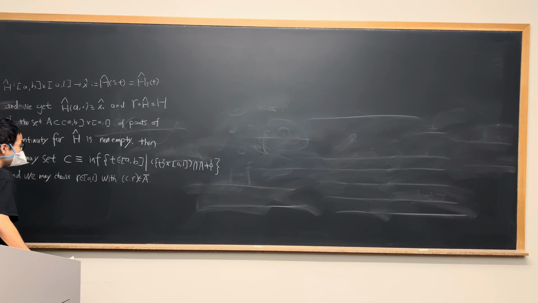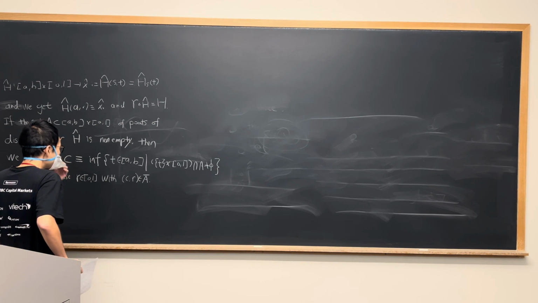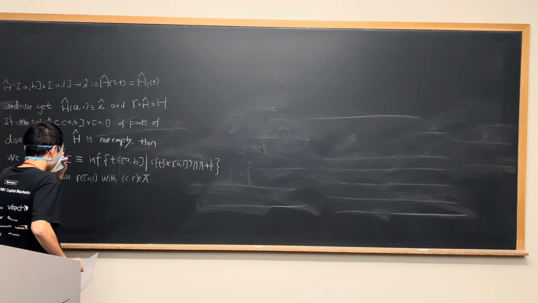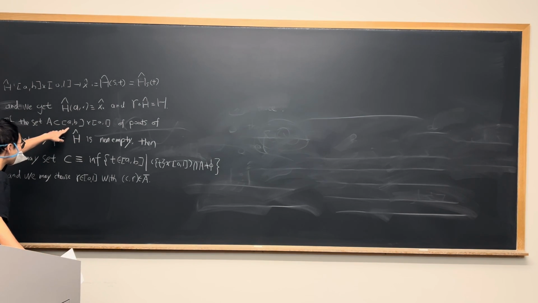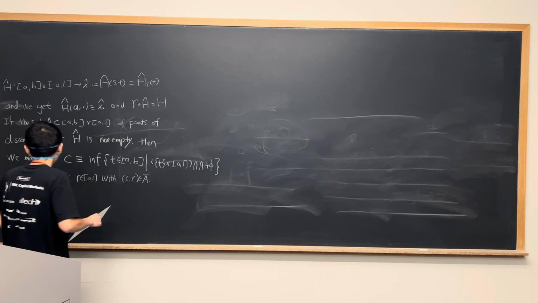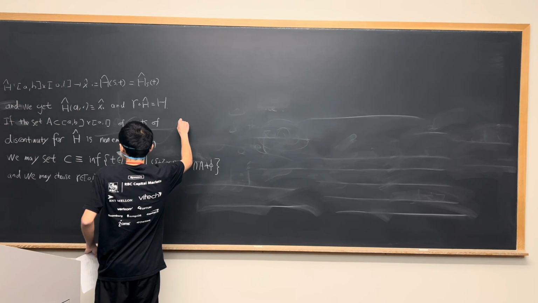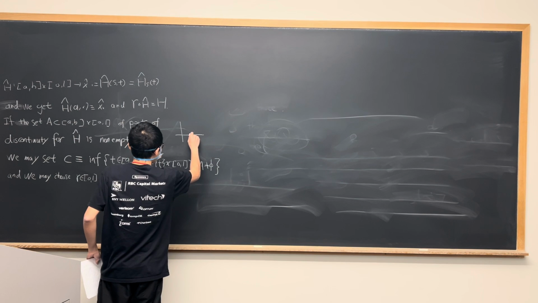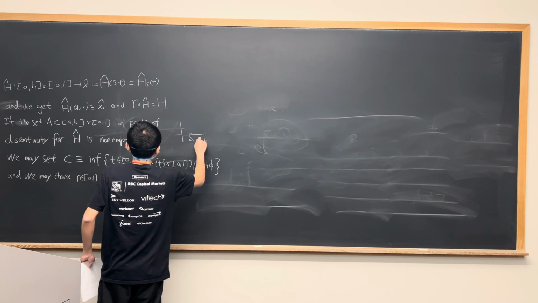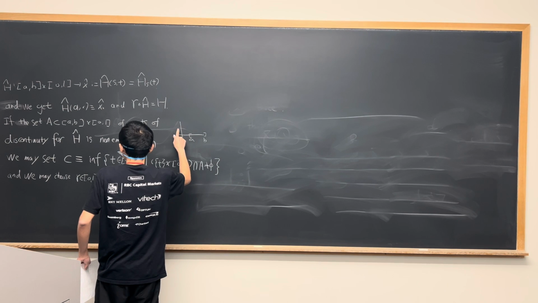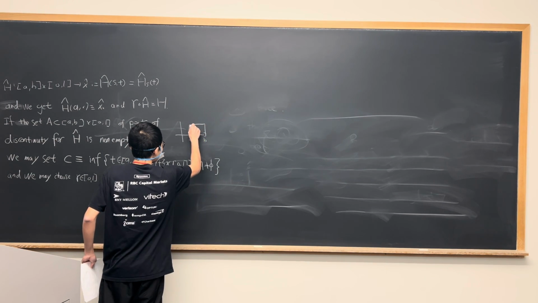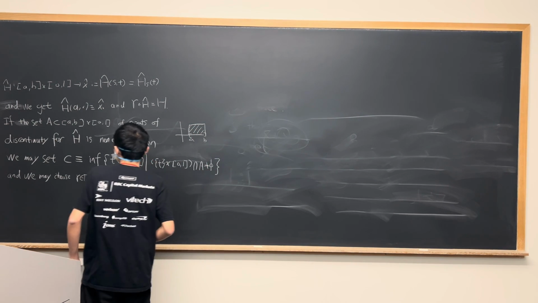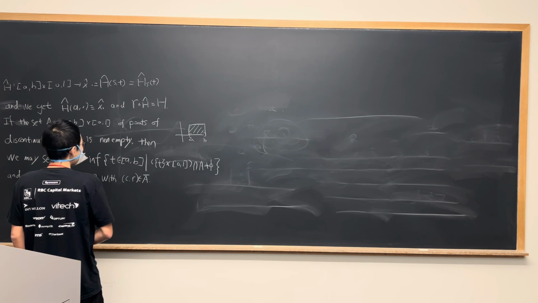C is the infimum of this set of t in [a,b]. Basically, A is a subset of this [a,b] cross [0,1], right? You can think of it as, here I have my [a,b], and then I have my [0,1]. Remember that they are closed intervals, so they form a closed rectangle. And then A is a subset.